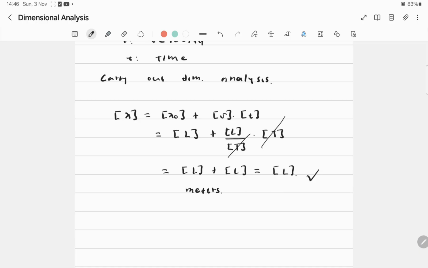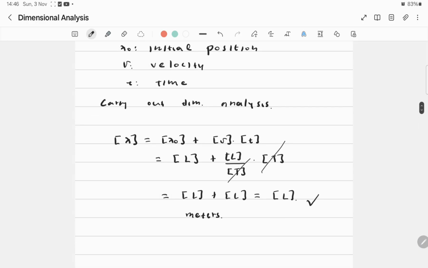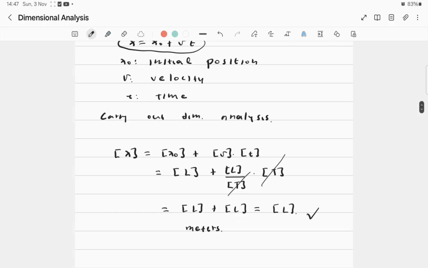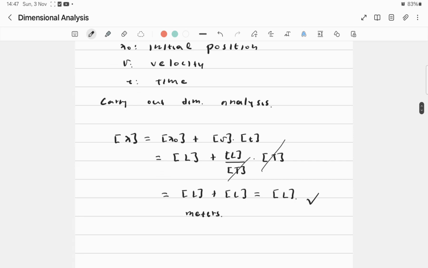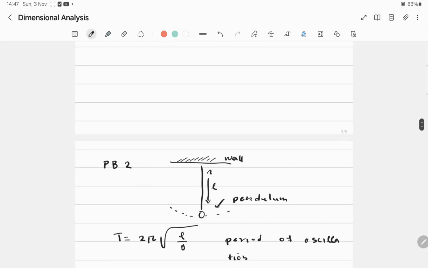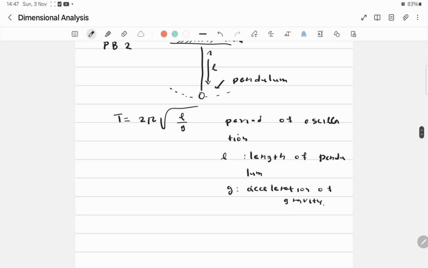This means that my formula is mathematically and physically correct. So it's representing a real phenomenon, and it's not something out of the unreachable. So this formula is true.